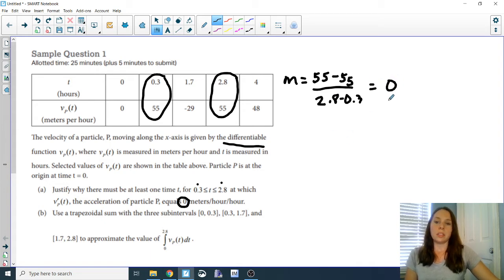And so since we have the slope between these endpoints equal to 0, then we can see that by the mean value theorem, the derivative of v, or a, must equal 0 somewhere in that interval as well.